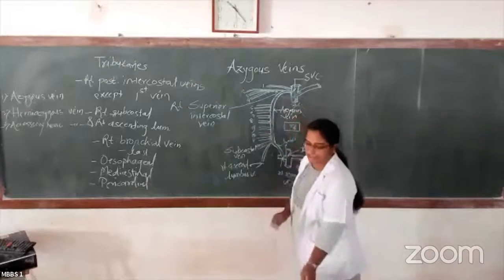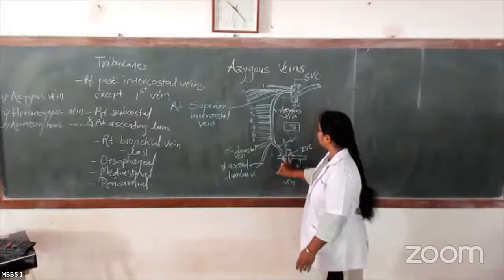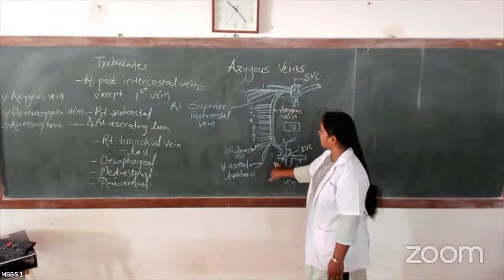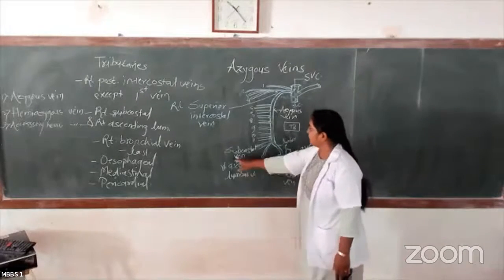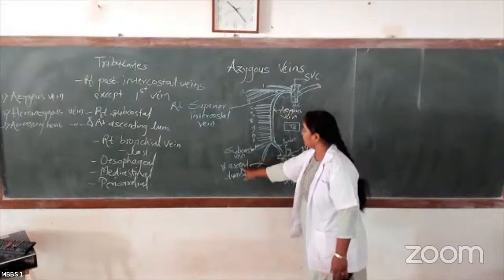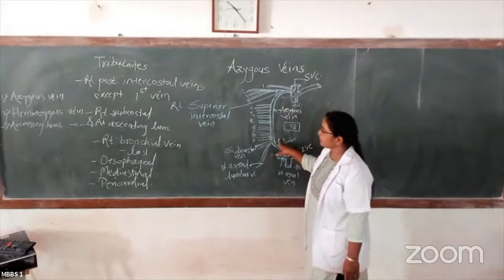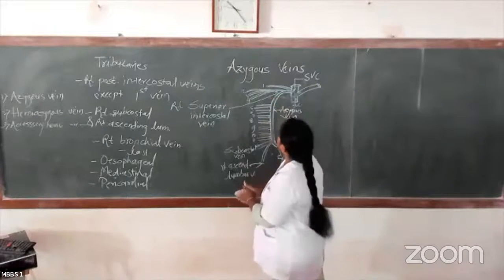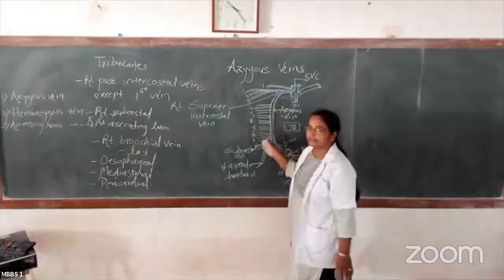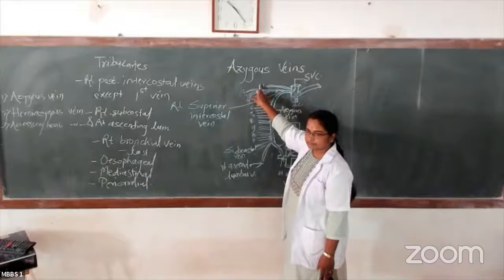So I repeat in short, the tributaries of the azygous vein. When it arises as the lumbar azygous, the first tributary will be the venous trunk, which is formed by the union of the subcostal vein and right ascending lumbar vein at the level of the 12th thoracic vertebra. Then all the right-sided posterior intercostal veins except the first.